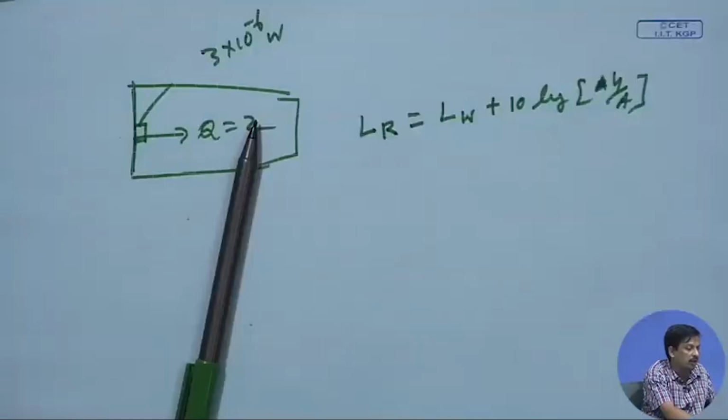Reverberation sound level at any point in that room is given by the formula in lecture number 2.